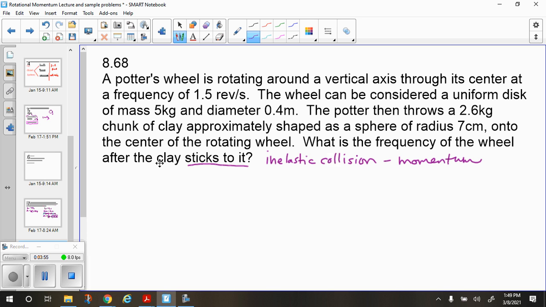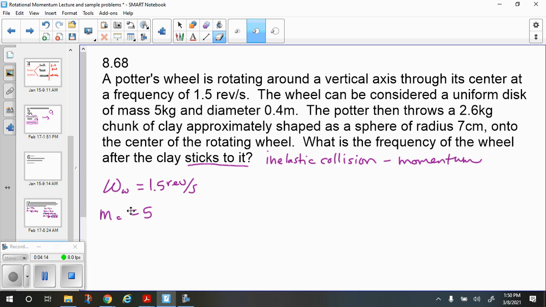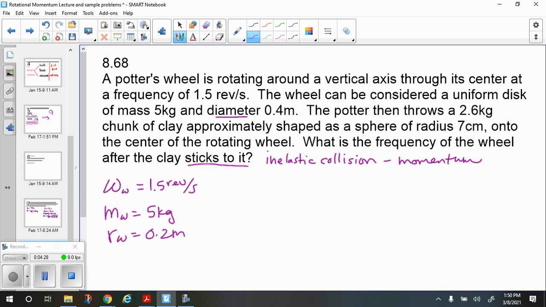And let's lay out our notes. So the angular velocity of the wheel is equal to 1.5 revolutions per second. The mass of the wheel is equal to 5 kilograms, and the radius of the wheel is equal to 0.2 meters because it says the diameter is 0.4.